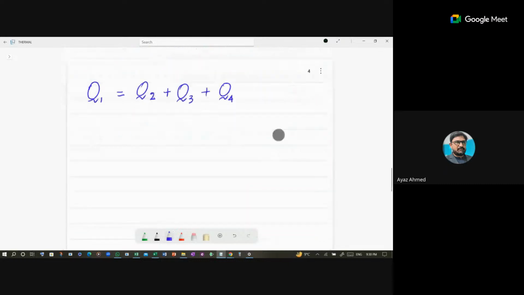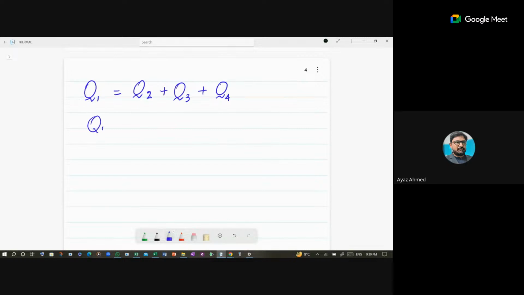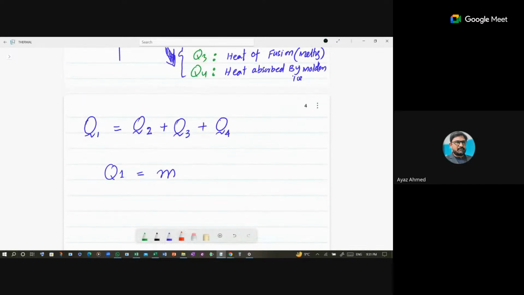So I will calculate all of them one by one. Q1, you tell me what is Q1, how to calculate that one. Q1 is not state change. Q1 is your temperature change. So Q1 is responsible for temperature change. Q2 is responsible for state change.